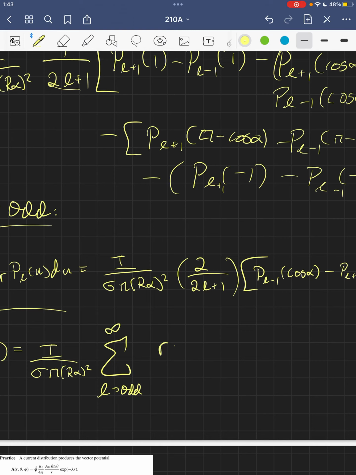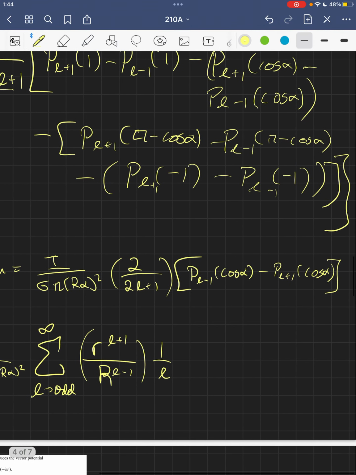What you have is R to the L plus 1 over R to the L minus 1, evaluated at big R, and you have 1 over L, and you have PL plus 1 cosine alpha minus PL minus 1 cosine alpha. And this is all times PL cosine theta.